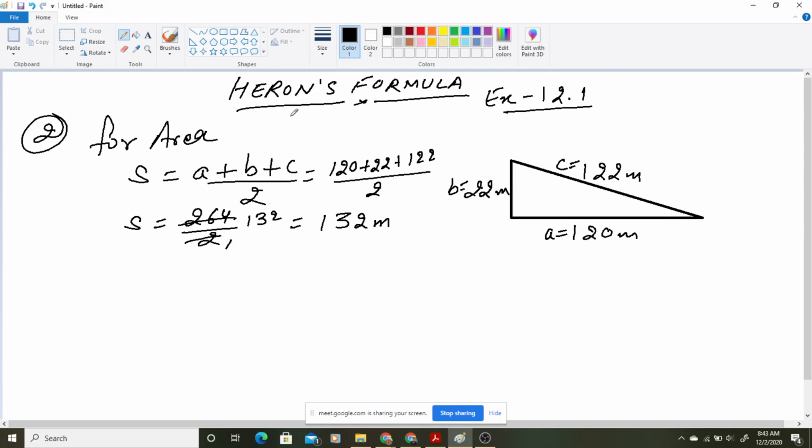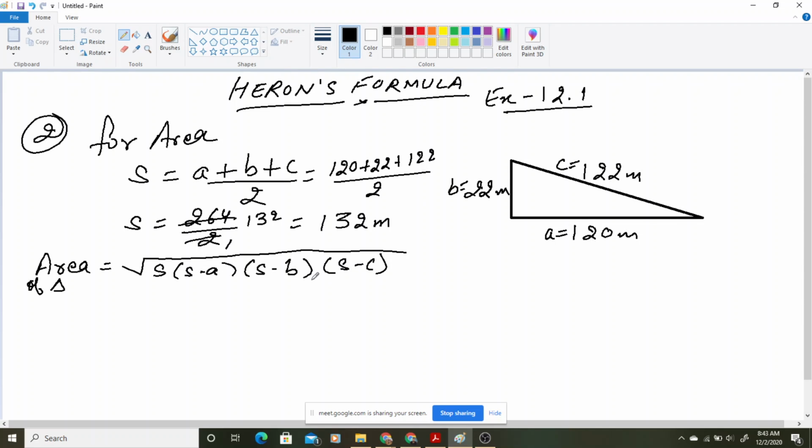Now we can find the area. You know how to find the area by using Heron's formula. So can anyone tell me how to find it? Area of triangle equals the square root of S times (S minus A) times (S minus B) times (S minus C). This is the easiest chapter.